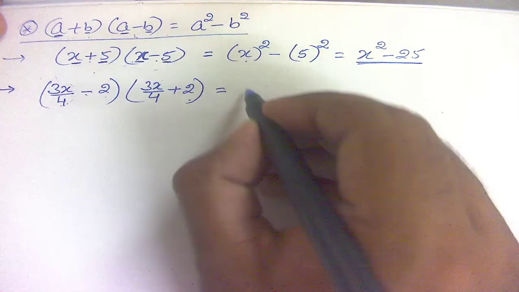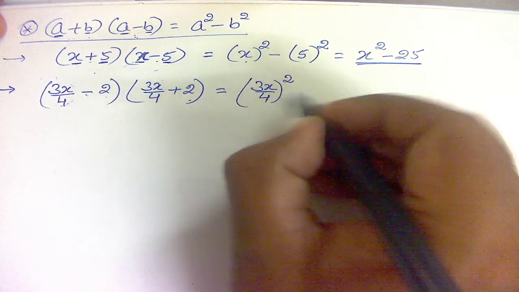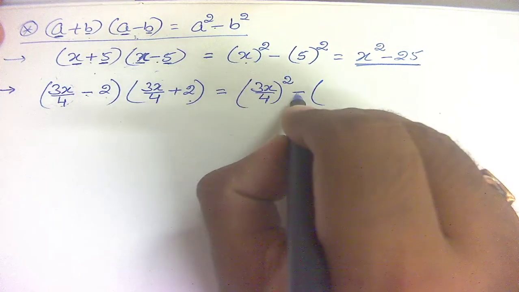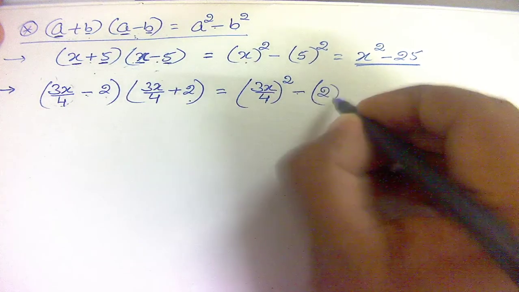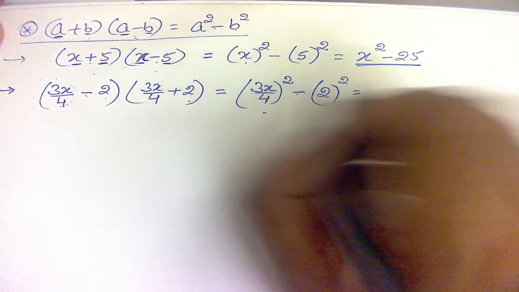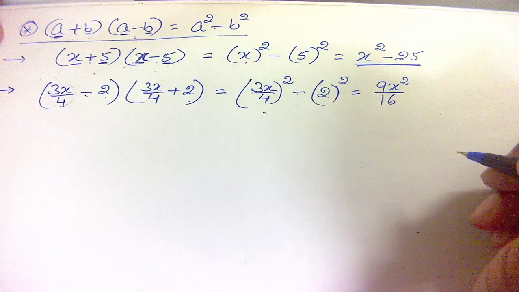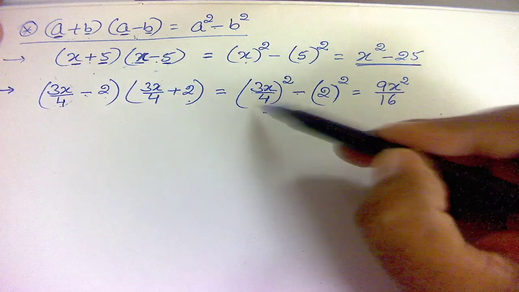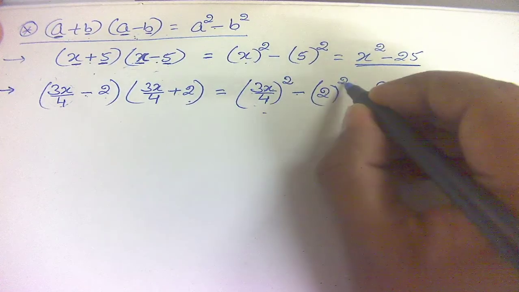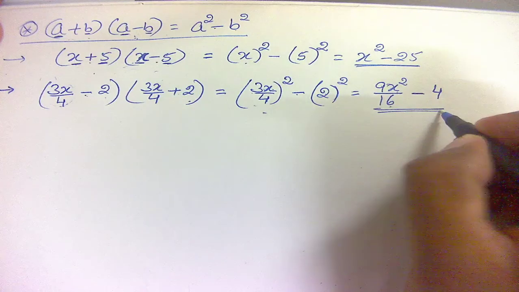So a squared minus b squared is (3x upon 4) whole squared minus, because in the identity it says minus, the square of 2. Now the square of 3x upon 4 is 9x squared upon 16. The square of 3 is 9, the square of 4 is 16, and the square of x is x squared, and minus the square of 2 is 4. So this is the product.